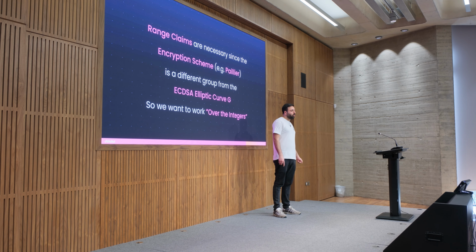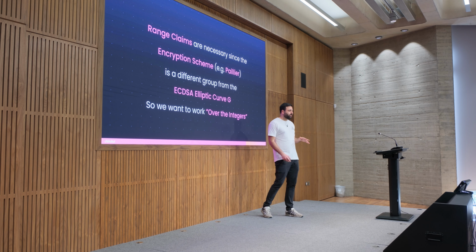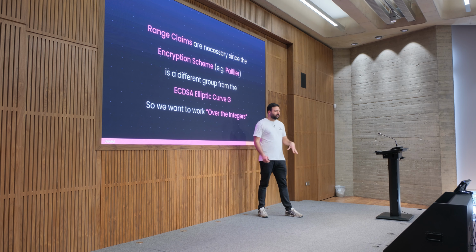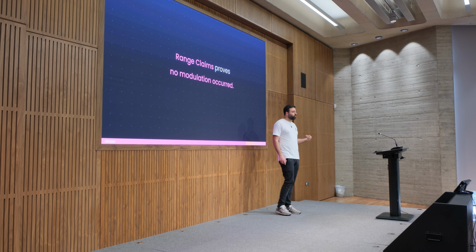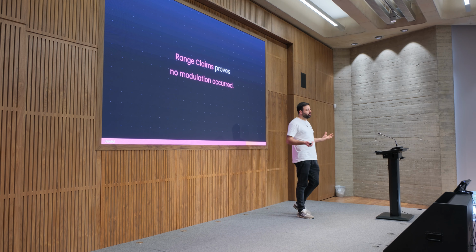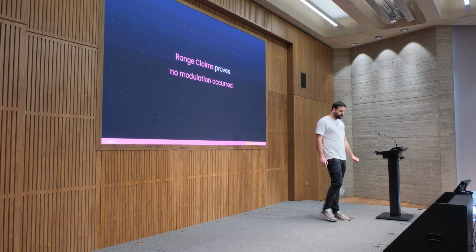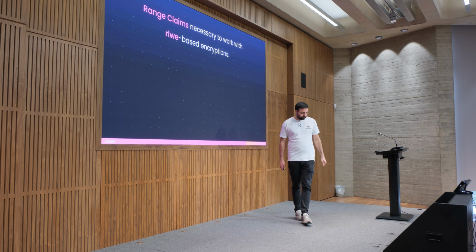So we want to work over the integers. Now, thankfully, Paillier encryption works in a much, much bigger group than the ECDSA group, so you have some space to play around with. But you need to prove that you never went through modular reduction so that you are actually emulating working over the integers. And for that, you need range claims.